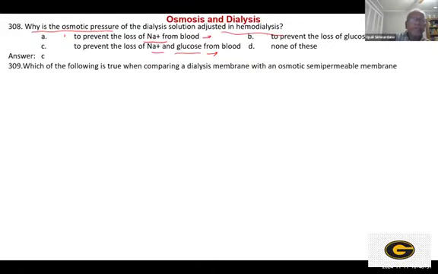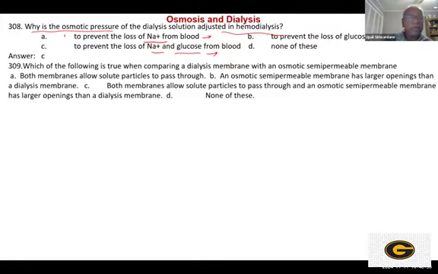Which of the following is true when comparing dialysis membrane to osmotic membrane? Both membranes allow solute particles to pass through. And osmotic has larger opening than dialysis membrane.